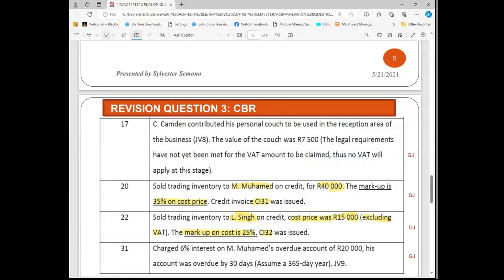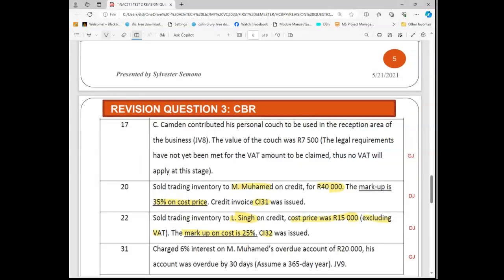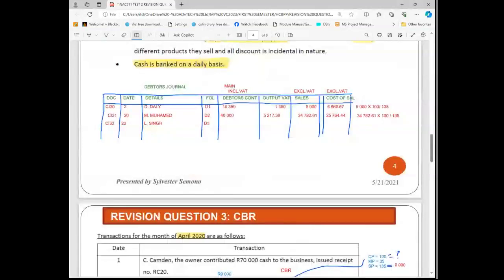Okay, where will I record it? Which column here? Debtors control.